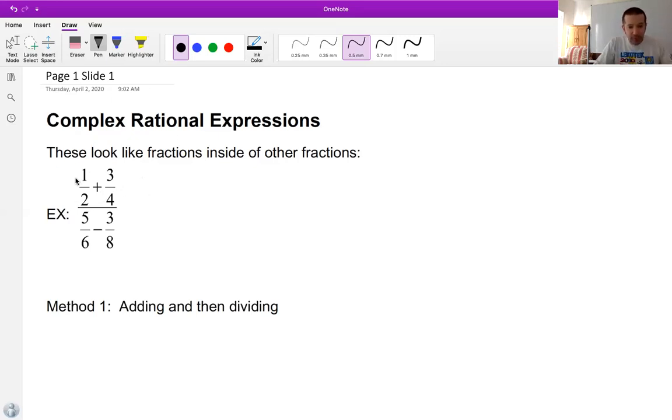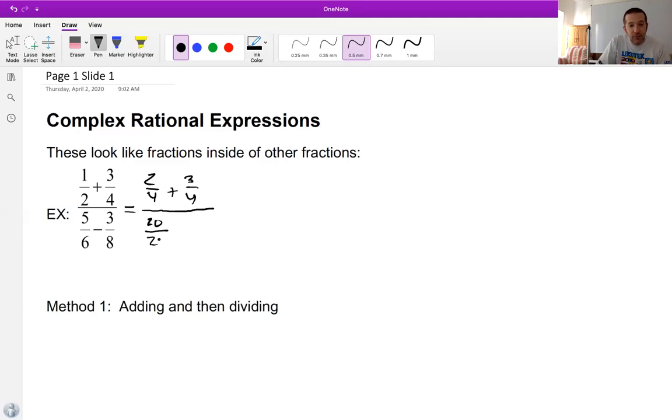So the first way is you add these together, and then you subtract those, and then you divide the two fractions you'll end up with. To add fractions, we have to find a common denominator, which on top is going to be 4. The least common denominator of 2 and 4 is 4. So it's 2 over 4 plus 3 over 4. On the bottom, the LCD of 6 and 8 is 24.